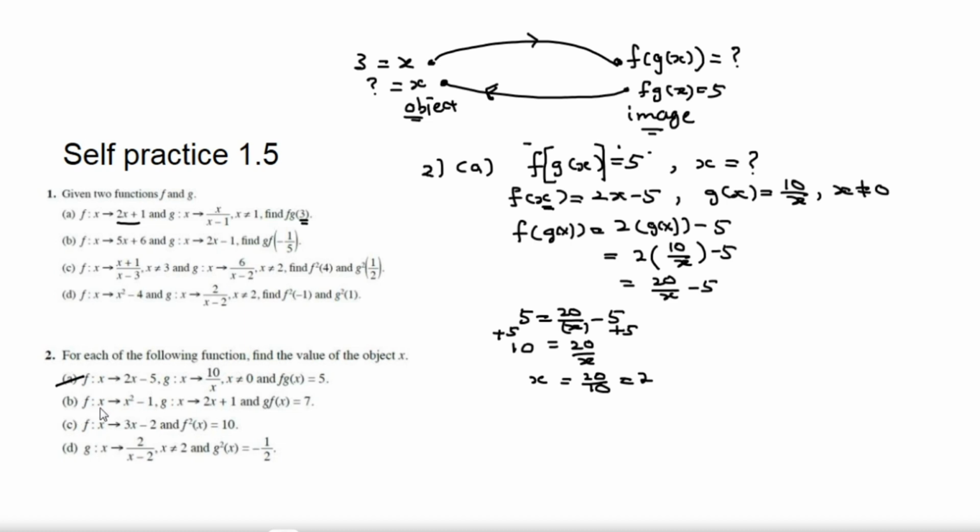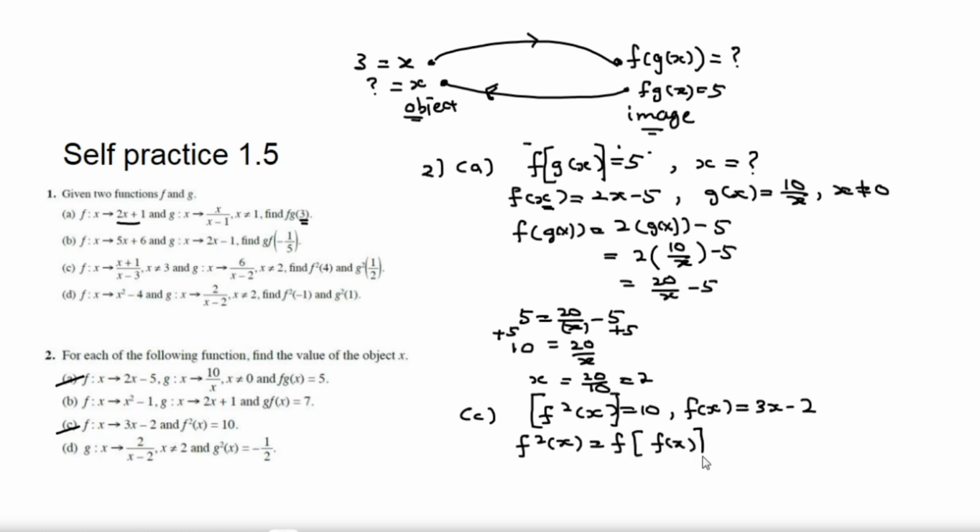Now I show you C. For C, given the image of the composite function f squared of x is equal to 10, where f(x) is equal to 3x minus 2. We start with the left hand side, find f squared of x. So f squared of x is equal to the composite function f(f(x)).